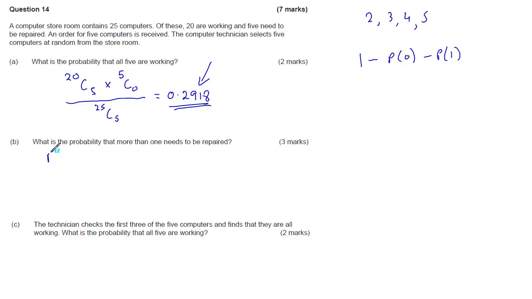So the probability of one of them needing to be repaired is going to be, we must have selected 4 OK ones, and from the 5 not working we must have selected 1, divided by 25 C5.